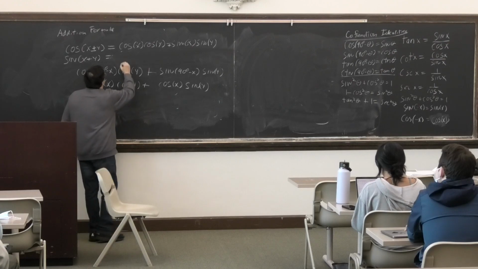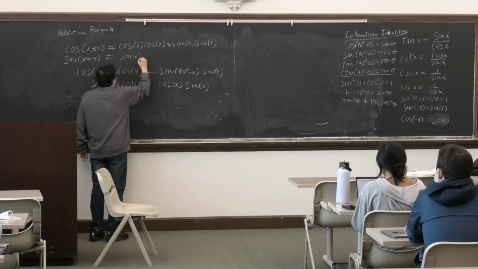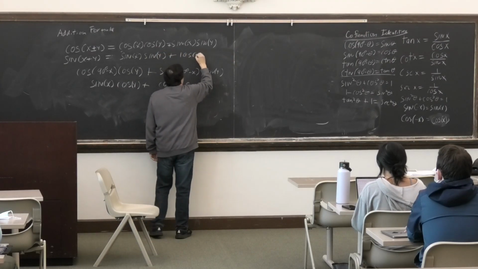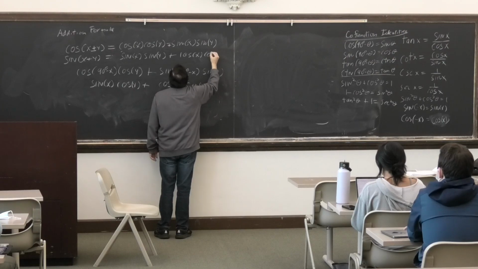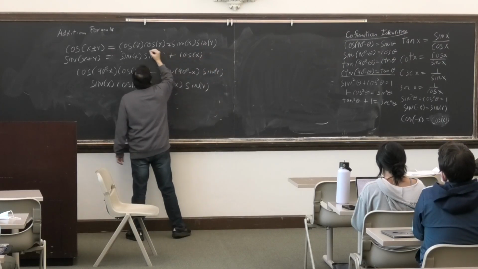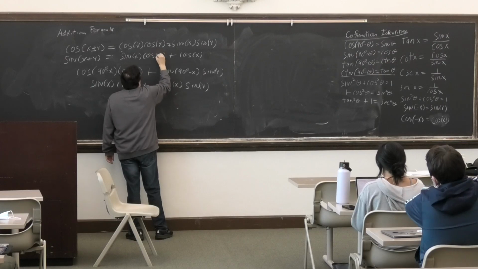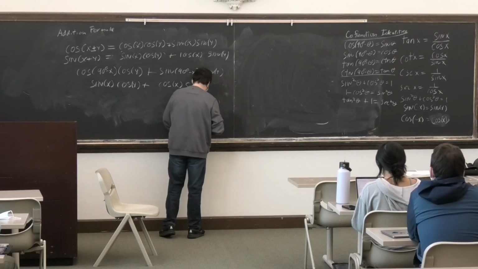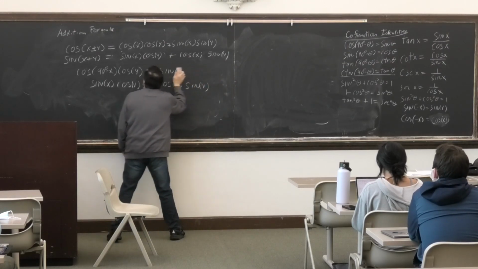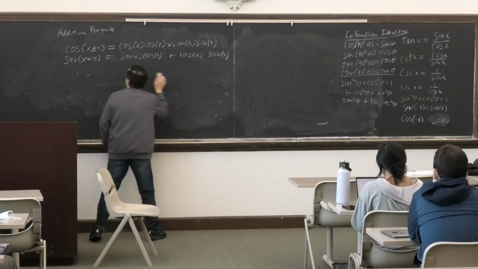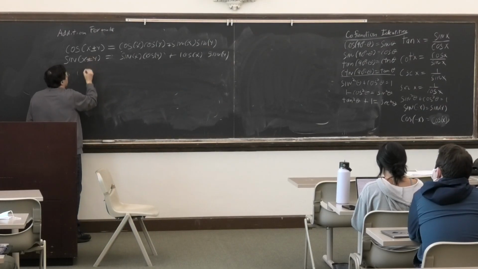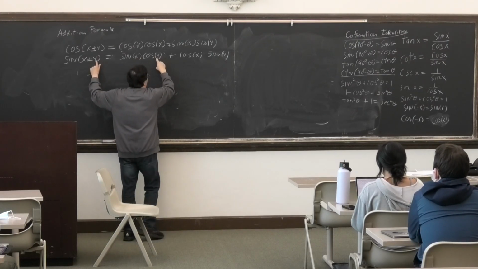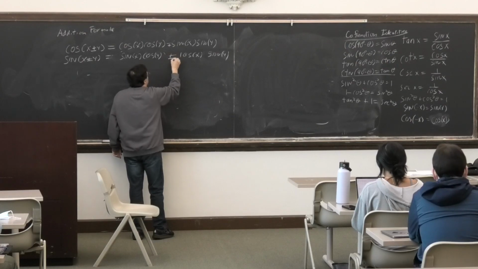Sine of x plus y is sine x cosine y plus cosine x sine y. And if we want to add the plus or minus here, where are we going to end up? The minus y stays the same, it's going to change, so it's going to be plus or minus.